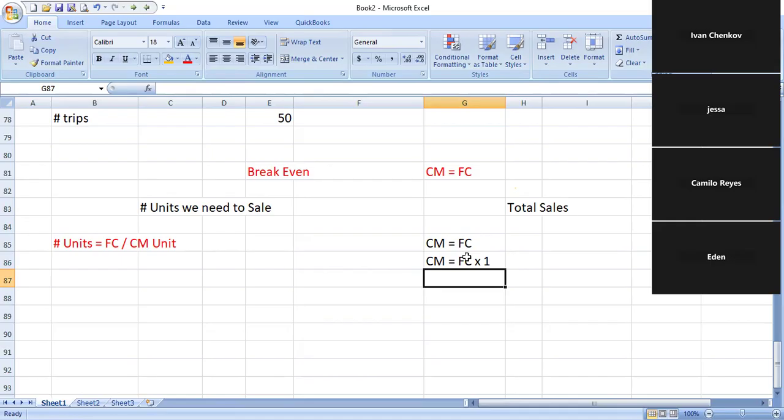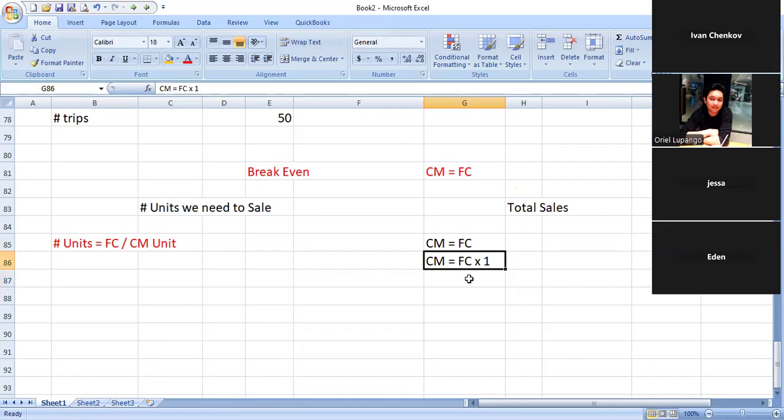What do you say? No, Prof. No, I haven't changed the formula, correct? Yes. That means I can say the fixed cost is equal to the contribution margin times 1. I still haven't changed the formula, correct? Yes.